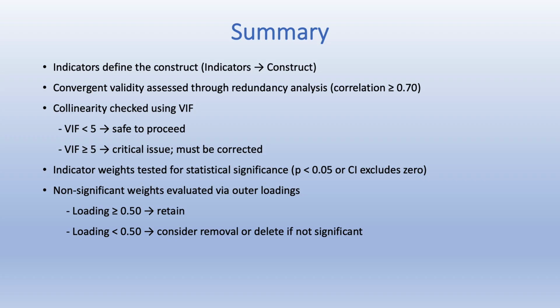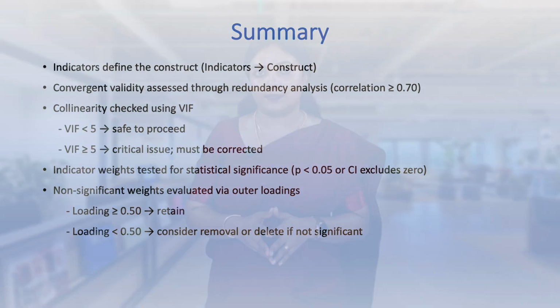Valid formative constructs require careful indicator selection, management of collinearity, and balanced interpretation of both weights and loadings to ensure meaningful results. In the next session, we will have a hands-on session on the formative measurement model.